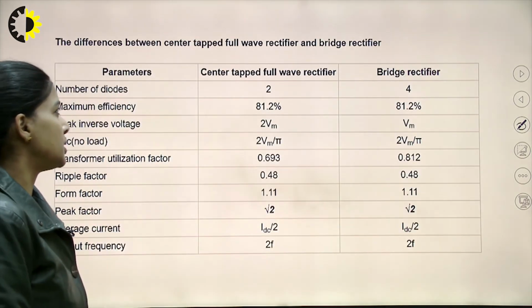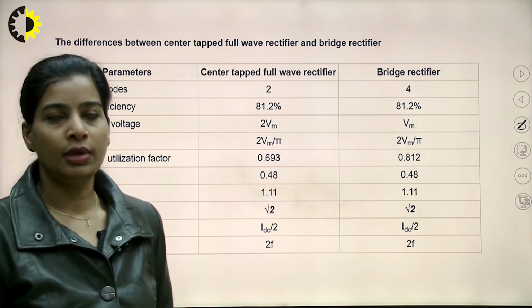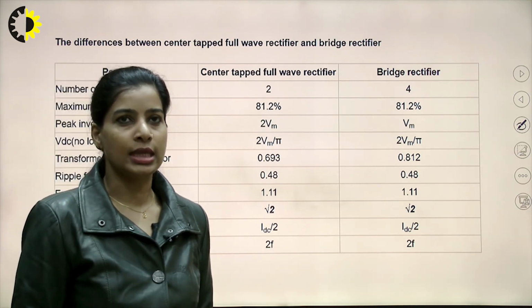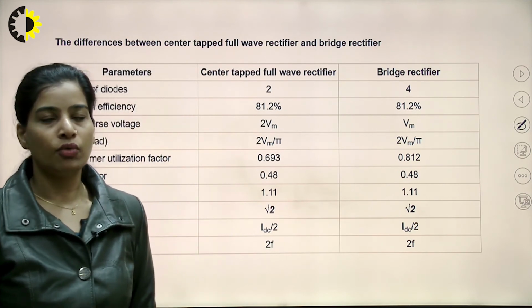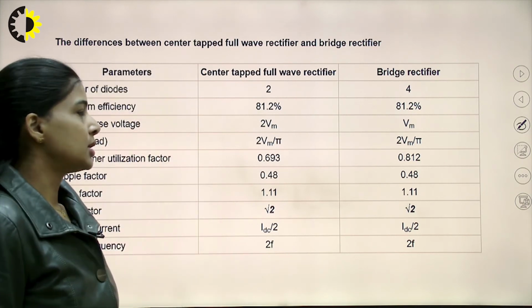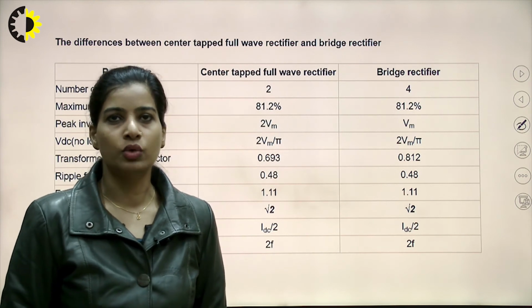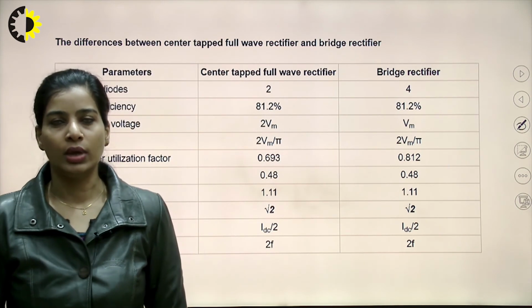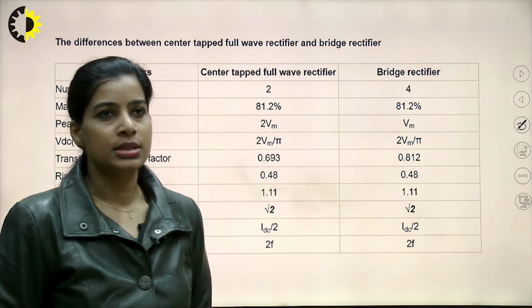This is the comparison table for the two types of full wave rectifier. One is the center tap full wave rectifier and the second one is the full wave bridge rectifier. So this all we have discussed. In center tap we have 2 diodes, in bridge rectifier we have 4 diodes. Efficiency is around 80%.